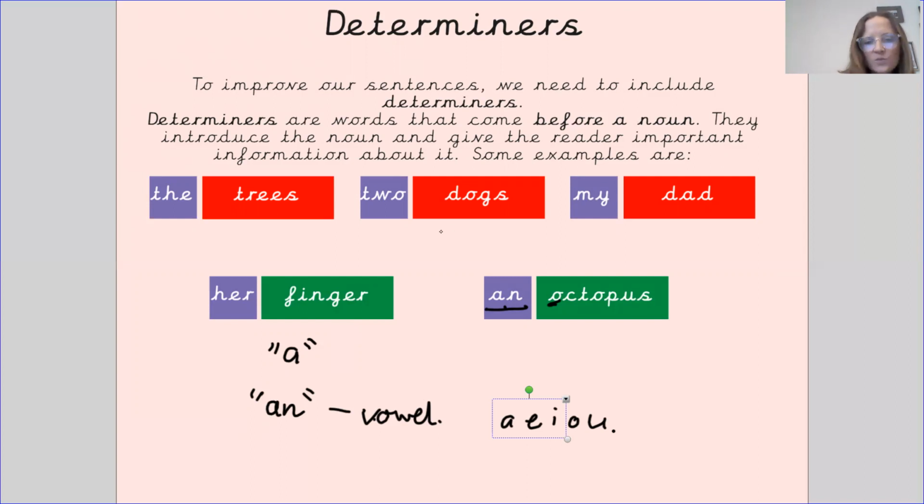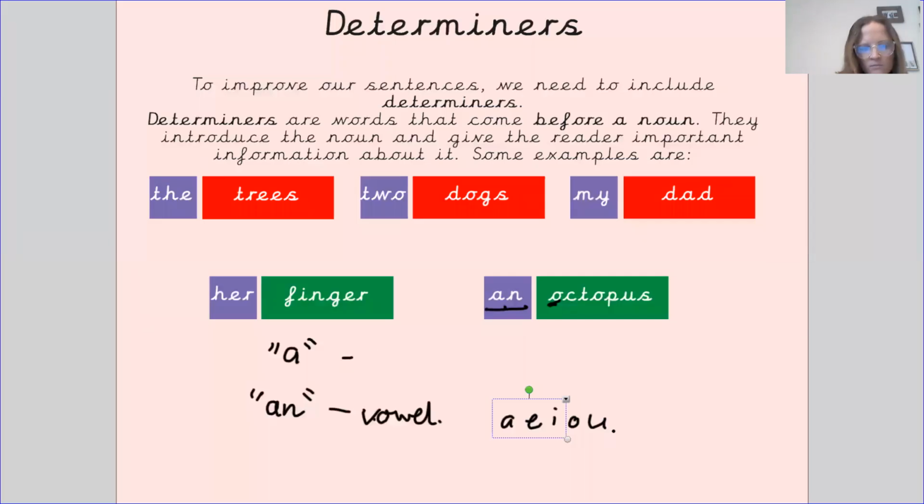If it starts with any other consonant, we start with a. So make sure you use the correct version of a or an.